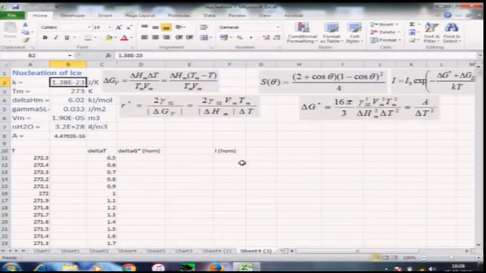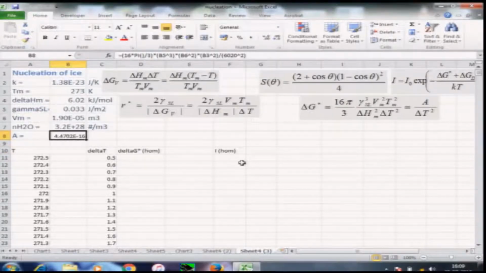I already have Boltzmann constant, the melting point, what is the change in enthalpy per mole when ice nucleates 6.02 kilojoules per mole, what is the interface energy 0.033, what is the molar volume 1.9, 10 to power minus 5 meter cube, and so on.